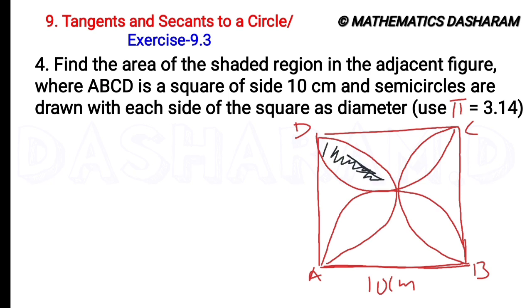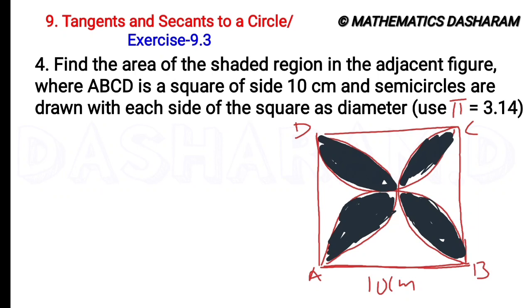So to find the area of the shaded portion, let's find the area of the unshaded portions. So here unshaded portion 1, unshaded portion 2, unshaded portion 3, unshaded portion 4, because directly finding the area of a shaded portion is not possible.